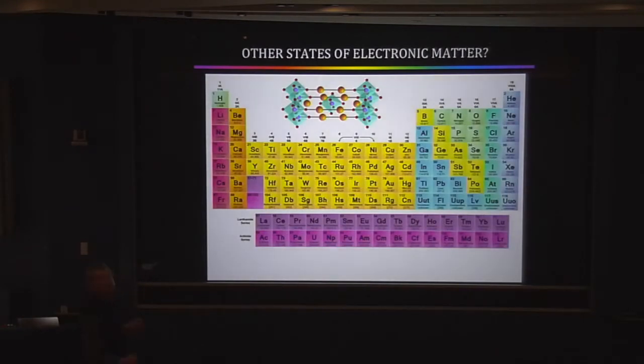All right, so could we have other states of electronic matter? Now you would say, let's go to our high-powered condensed matter theorists, saving those who are in the audience here, and ask, if I take 5 of these elements and put them together in a crystal, what will be the properties of the electronic matter in that crystal? Well, we have no idea. There's no predictive theory for what state of matter will exist in any of these complex novel compounds.